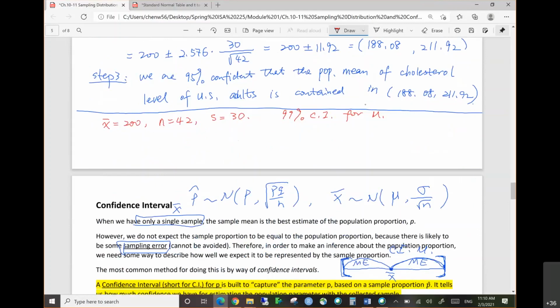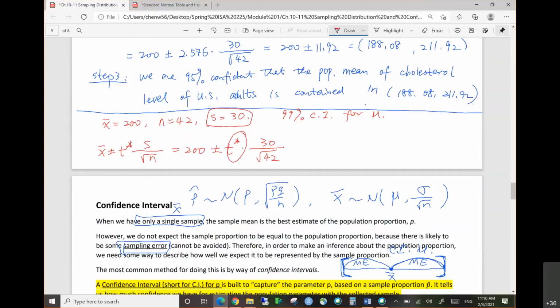When the population standard deviation is not given, you need to use x bar plus or minus t star times s over square root of n. So we have 200 plus or minus t star times s, which is 30, divided by square root of 42. The only thing left is to find the value of t star.